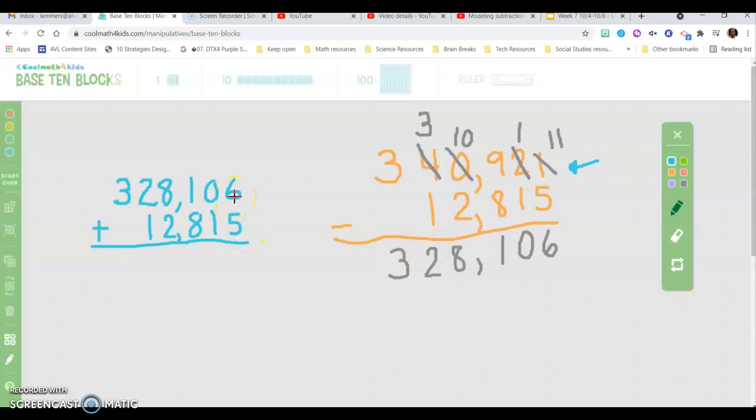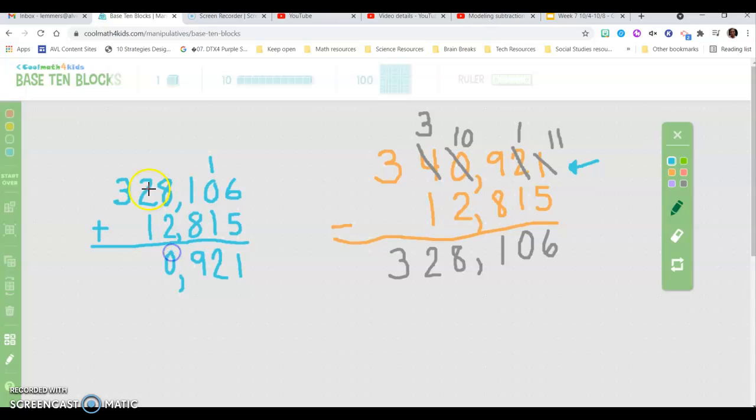So 6 ones plus 5 ones is 11 ones. We know that if we have too many in one place, we need to regroup that extra 10. Okay, 1 10 and another 10 is 2 10s. 800 plus 100 is 900, comma. 8,000s plus 2,000s is 10,000s.